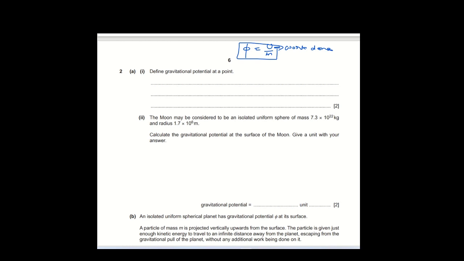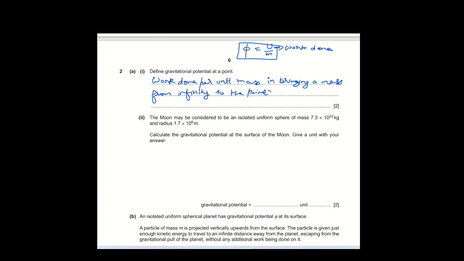So gravitational potential will become work done per unit mass in bringing a mass from infinity to the point.